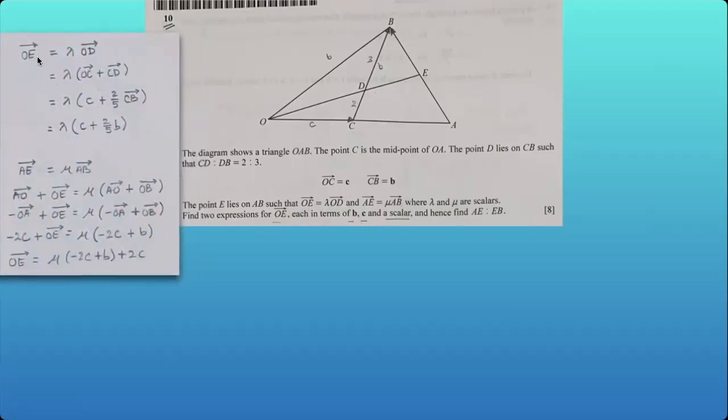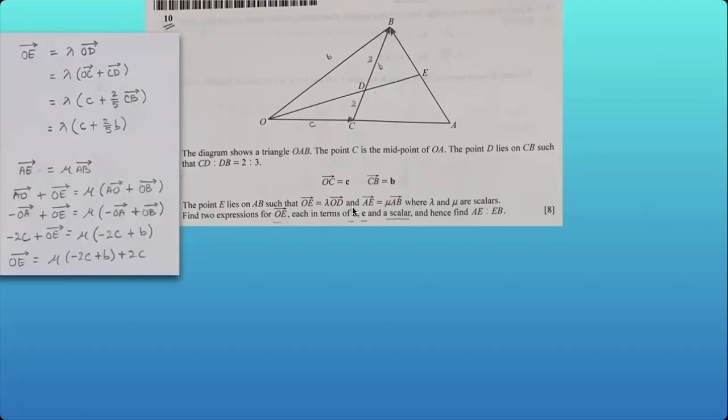So we have vector OE is equal to lambda vector OD, and vector OD is equal to vector c plus vector CD, and vector CD is equal to 2 over 5 vector CB. So that's one expression that contains vector c, vector b, and a scalar lambda.